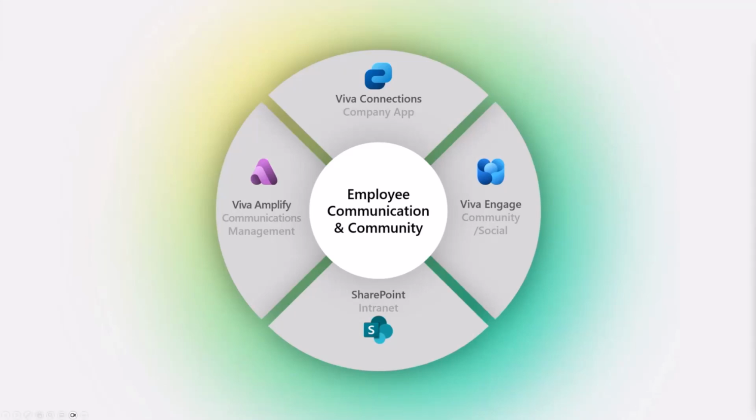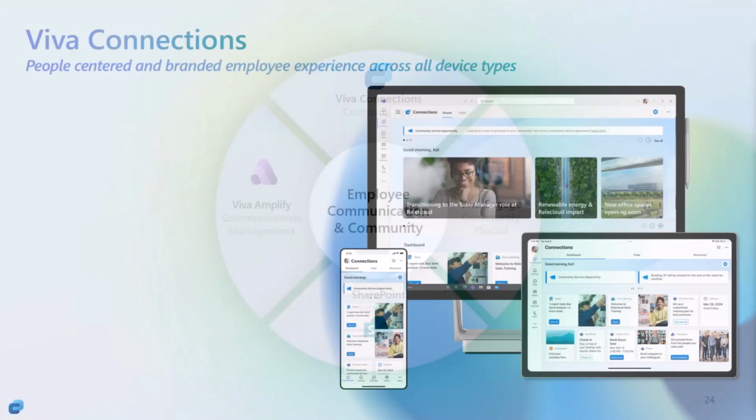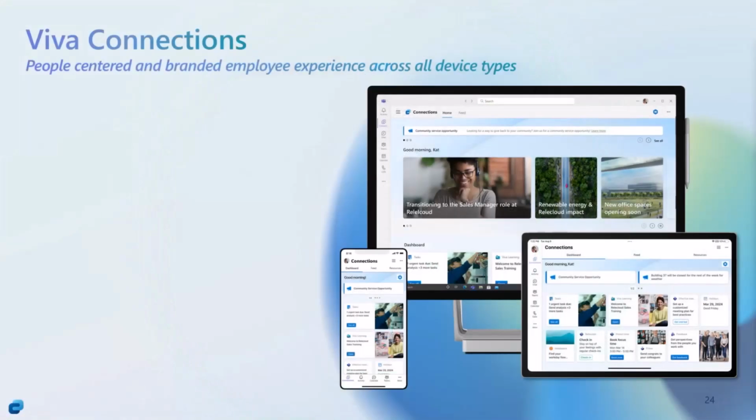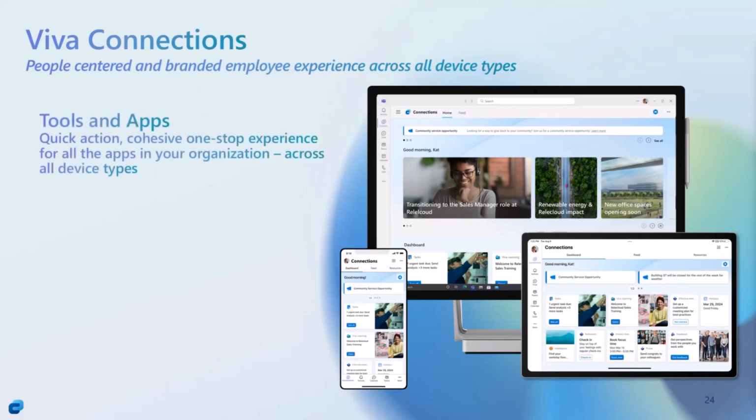Now, let's talk a bit about Viva Connection, just to recap again on what it is actually for. There are a lot of changes in here versus what it was when it got rolled out, and that might be a bit confusing, and that's the reason why we always want to recap these things. But really, Viva Connection is there to get you access to tools and apps which are relevant for you.